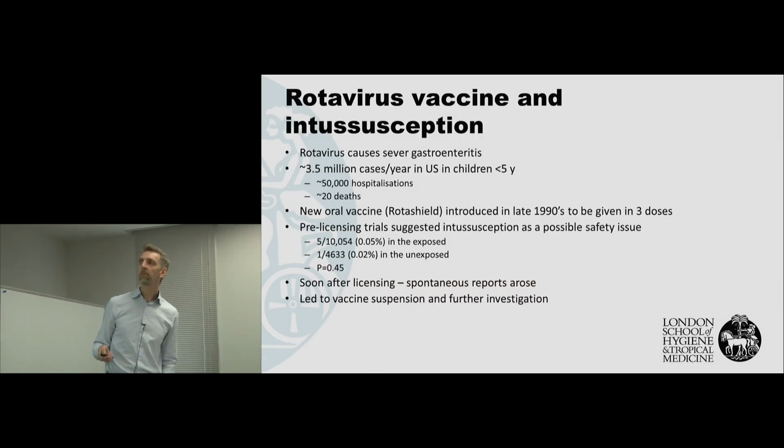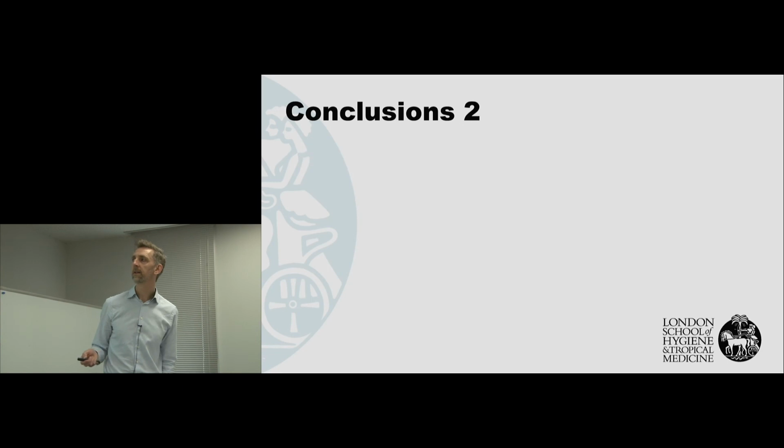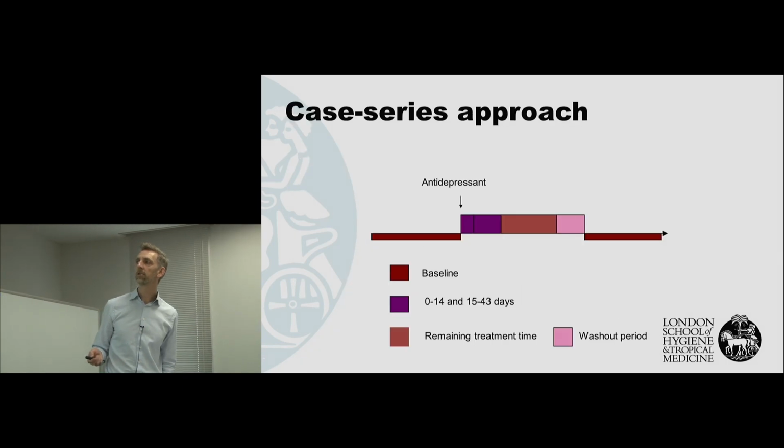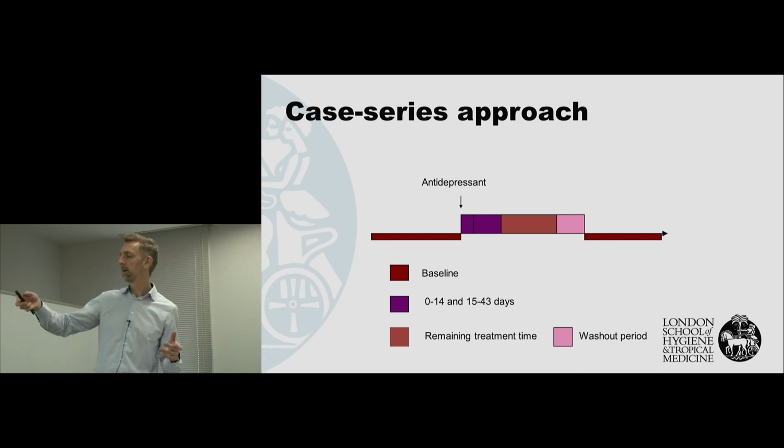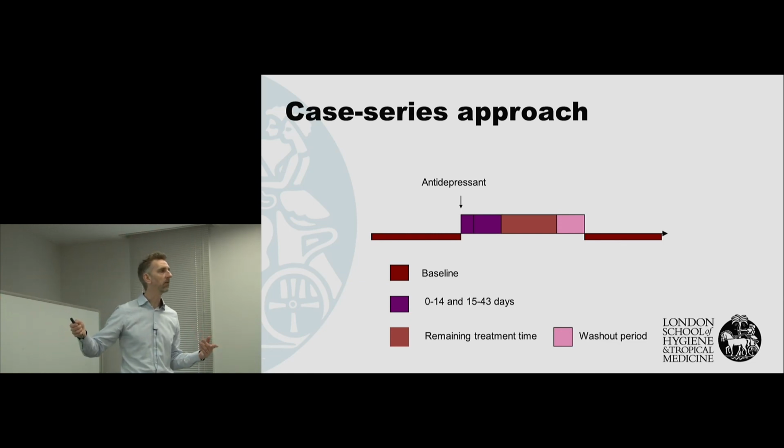So the thing that really matters with this study design is that, unlike in the case control study where we're comparing against very different people, here we're comparing a person against themselves. And so we are making an assumption that important risk factors are fairly static over the observation period.